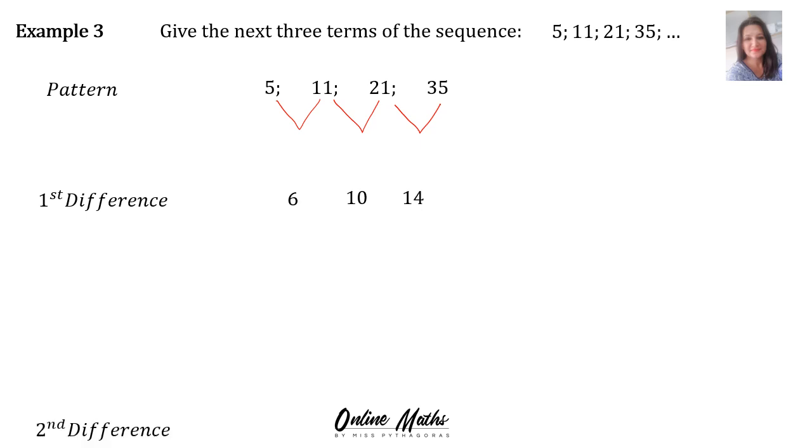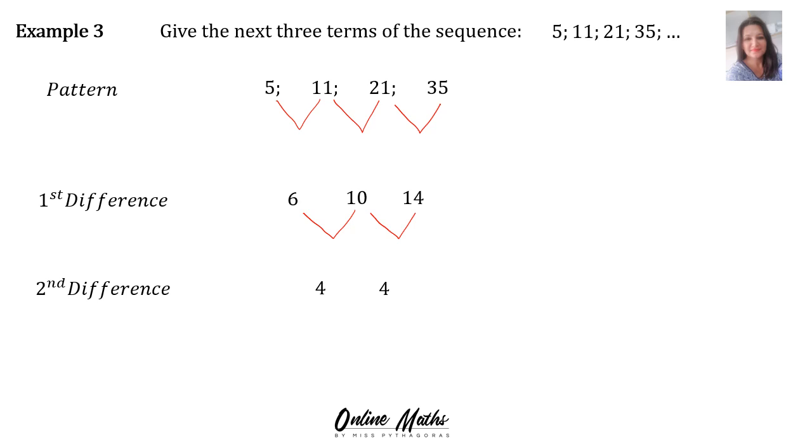Now we work out the second difference: 10 minus 6 is 4, 14 minus 10 is 4. And what can you see? There's a constant second difference, therefore your sequence will be quadratic.